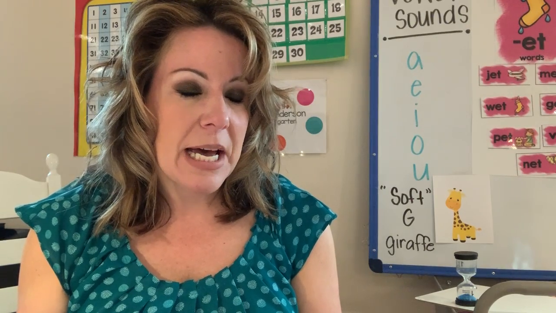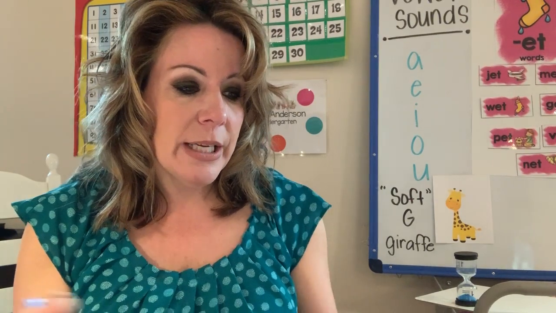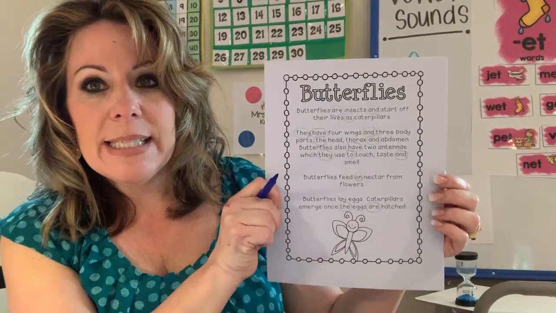And let's see what else. Butterflies can, I'm looking at this here to see what exactly we can pull from, but we can also use what we know about butterflies. So a butterfly can fly. Can fly.